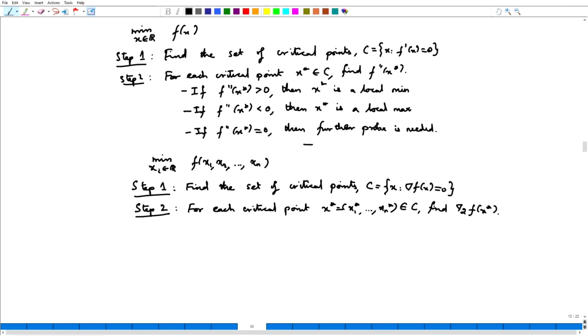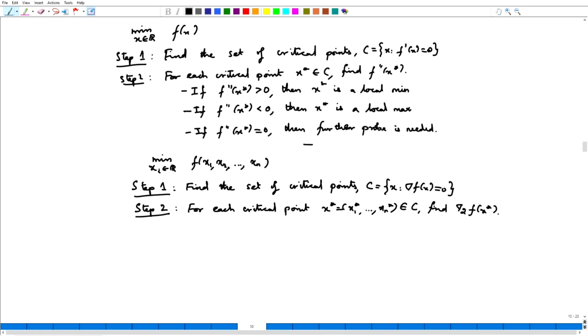It is a matrix consisting of all the double derivatives: dou squared f by dou x1 squared, dou squared f by dou x1 dou x2, dot dot dot, dou squared f by dou x1 dou xn. This is something that we have seen in the last class.